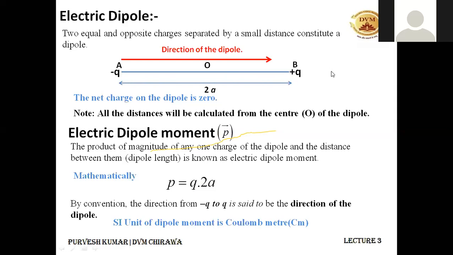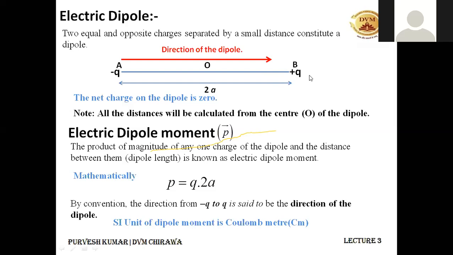So that is the axial point. The axial point is the point that is lying on the axis of the dipole. If some point is lying on this axis, that is known as an axial point.